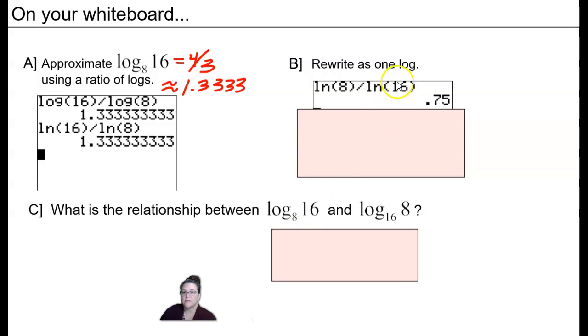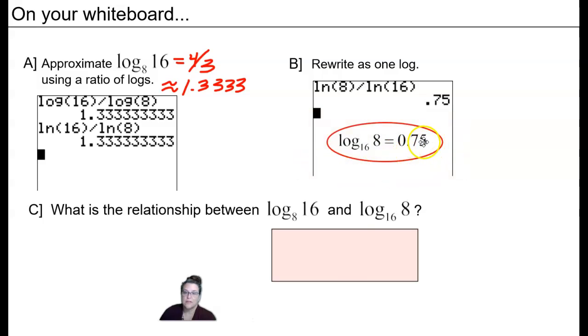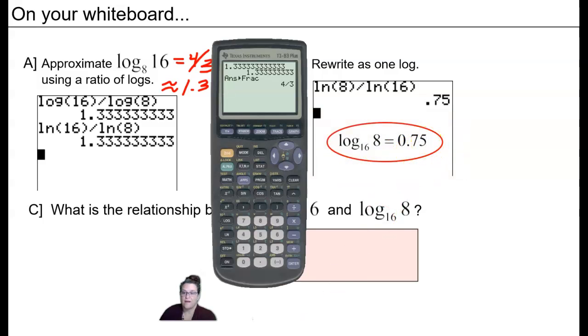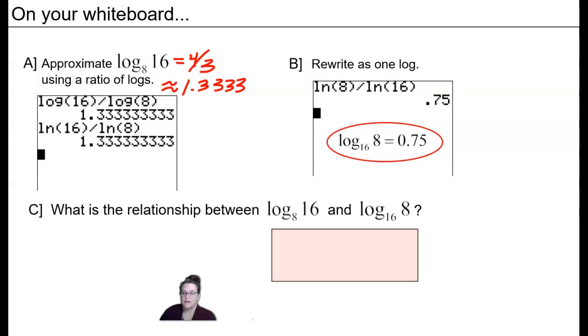Then in example B, the natural log of 8 divided by the natural log of 16 would be a log base 16 of 8, and that's equal to 0.75. And if we put 0.75 in the calculator and change that to a fraction, we get exactly 3/4.